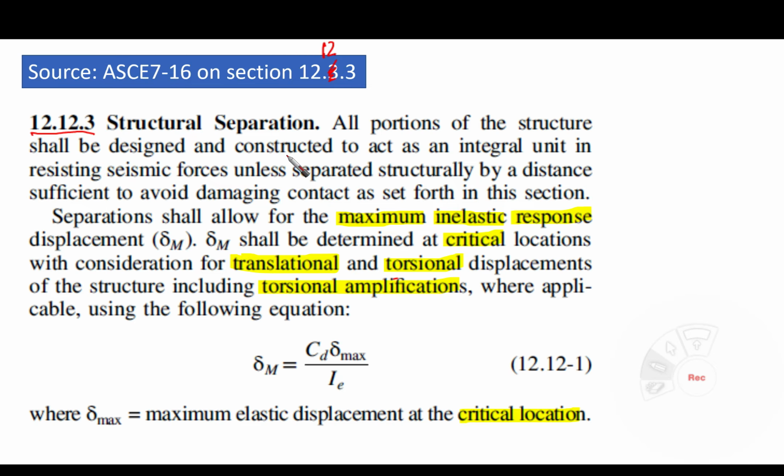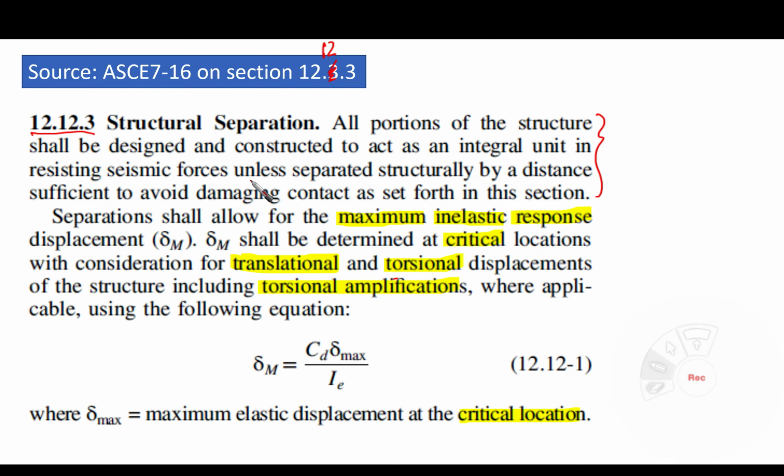Okay. So it is written, they are talking here about the integrity of the structure: all portions of the structure shall be designed and constructed to act as an integral unit in resisting seismic forces unless separated structurally by a distance sufficient to avoid damaging contact as set forth in this section.